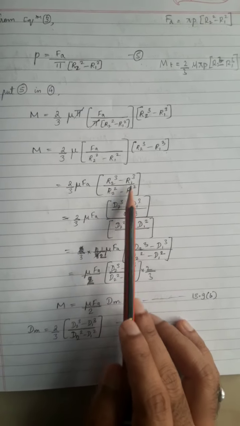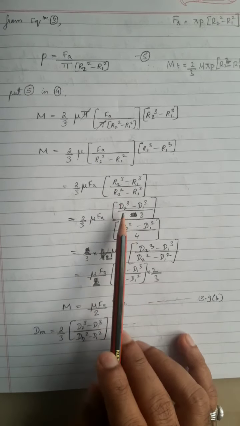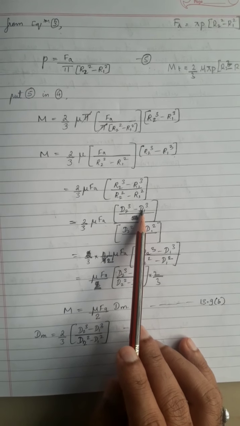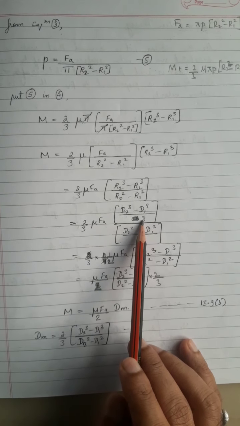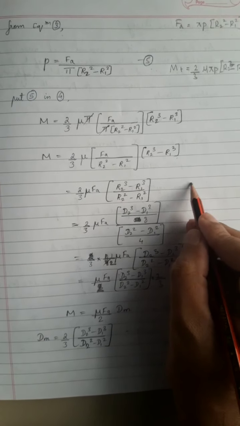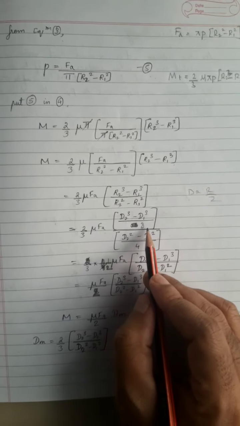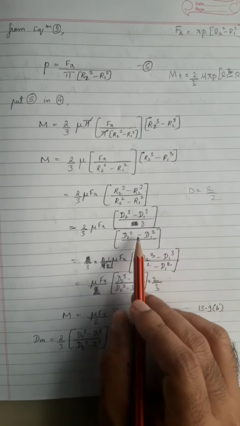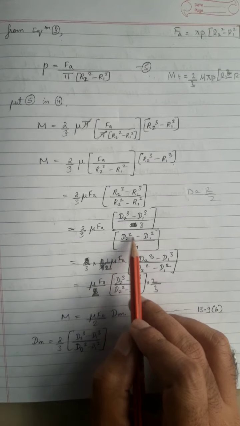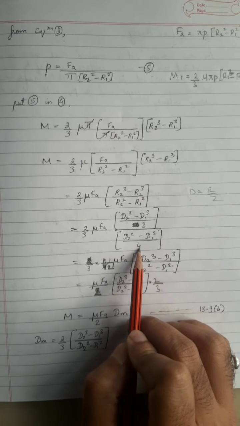Writing this in terms of diameter, it is (d2 cube minus d1 cube) divided by 8, because diameter is equal to 2r, and 2 cube is 8. Similarly here it is d2 square minus d1 square, and 2 square is 4.